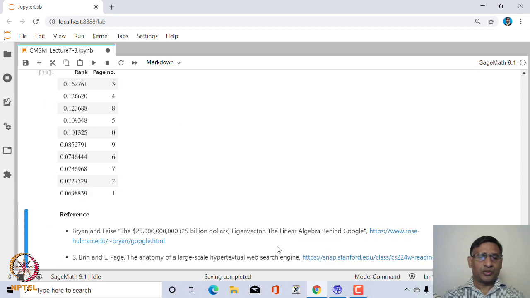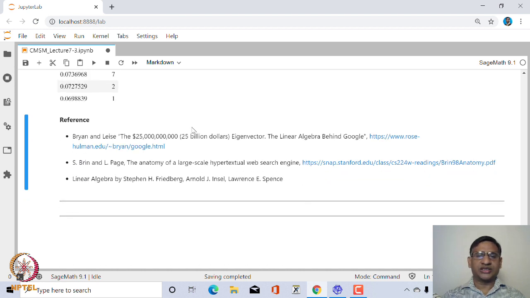For more on the Google search algorithm, you can look at this article by Bryan and Leise, which is about the $25 billion eigenvector, the linear algebra behind Google, right. Or you can also look at the original paper by Brin and Page, who invented the Google search engine, which is also available here.